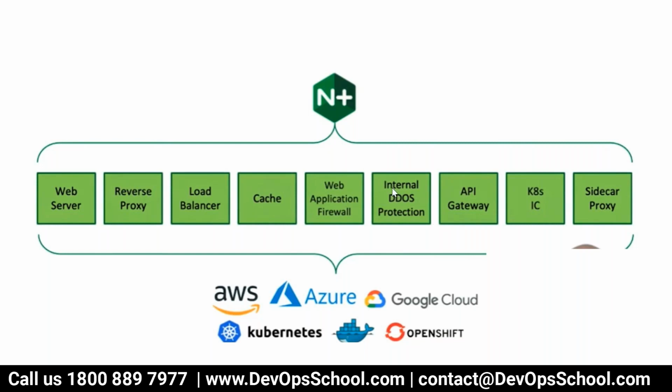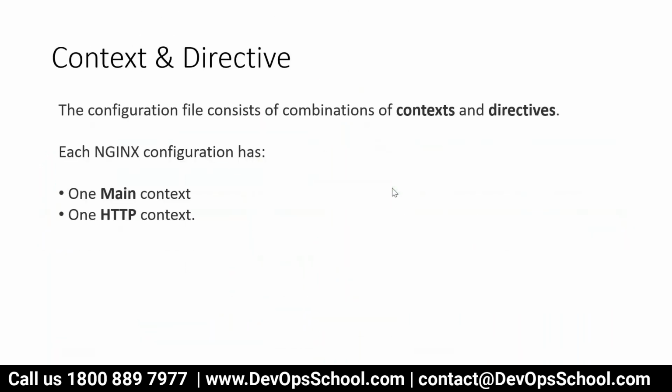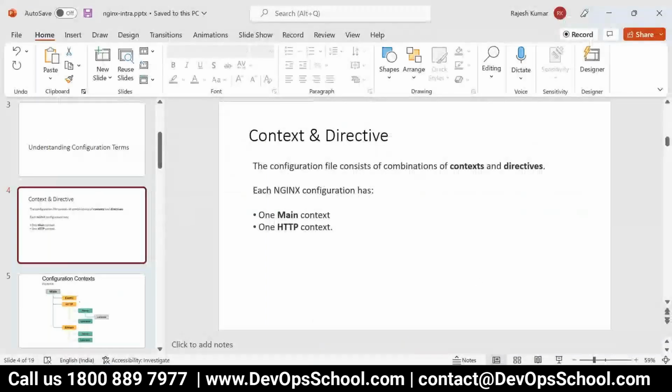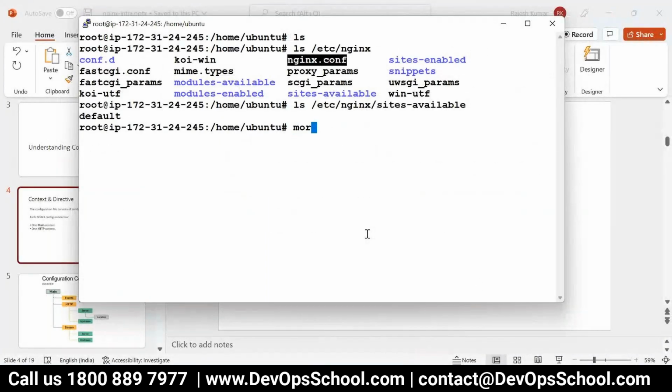So now here we need to understand context and directives. Here is the configuration file of Nginx, which you want to see here, in /etc/nginx.